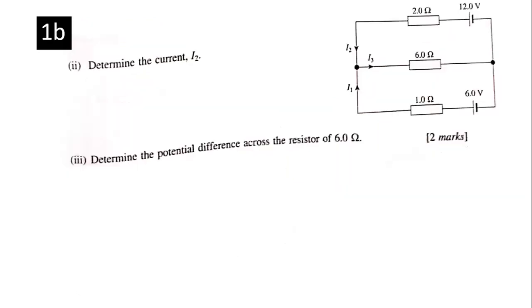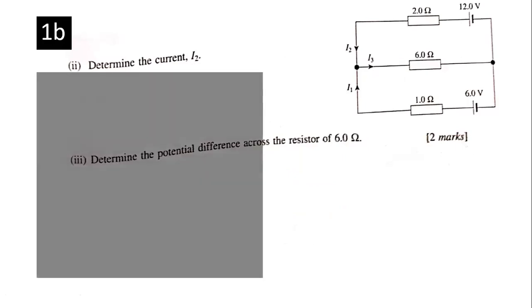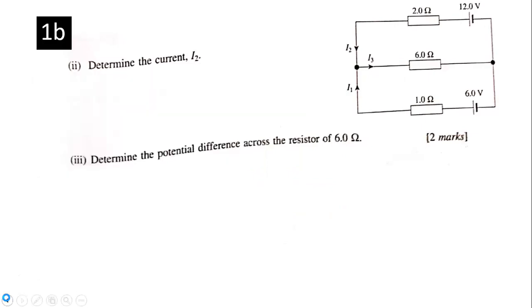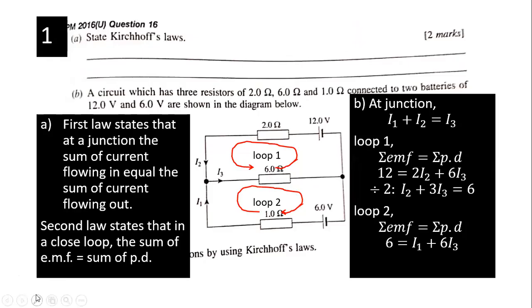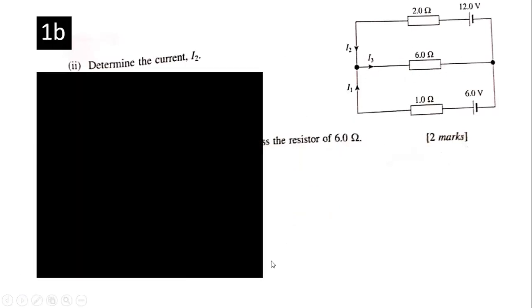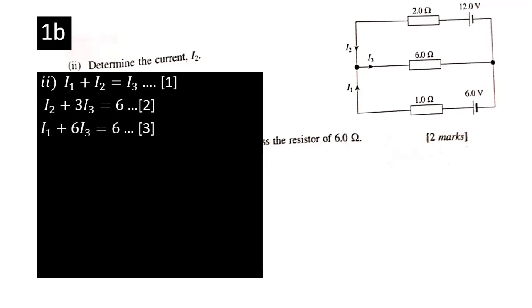Determine the current I2. After that, determine the potential difference across the 6 ohm. You basically write the 3 equations and play with them.